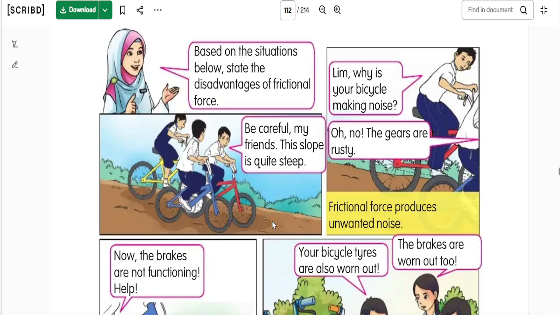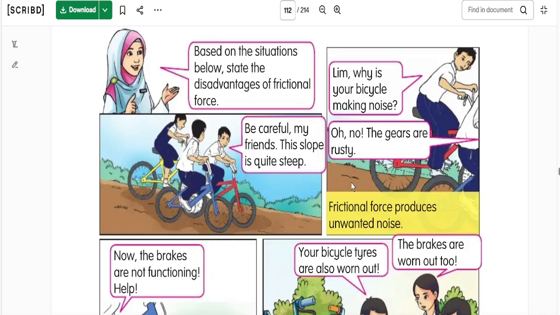Or why is your cycle making noise? Because the gears are rusty. If there is rust, it makes noise, right? Because there is frictional force. That means frictional force produces unwanted noise.